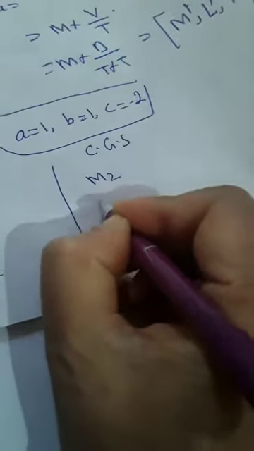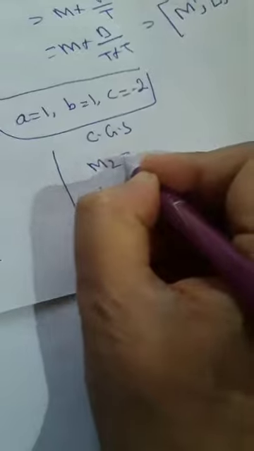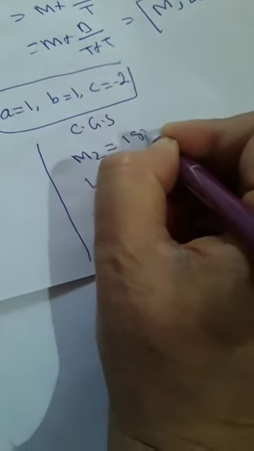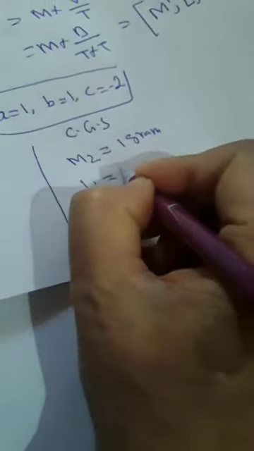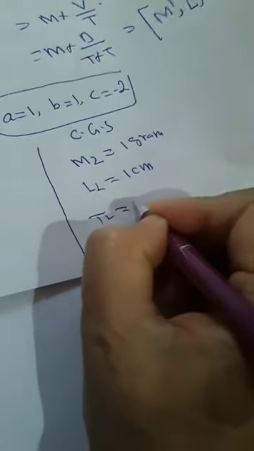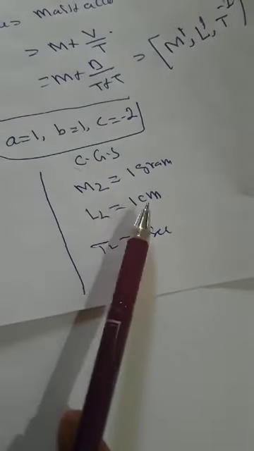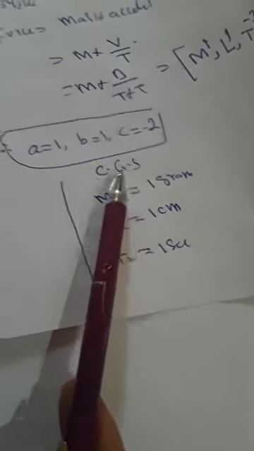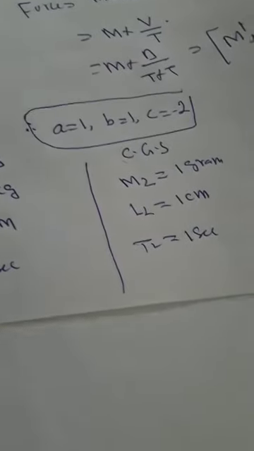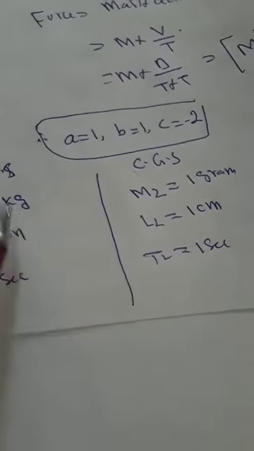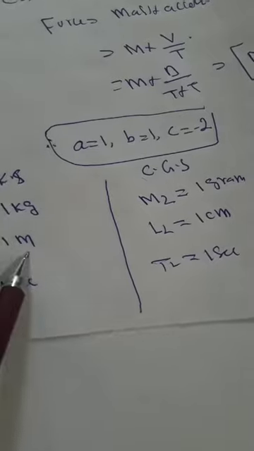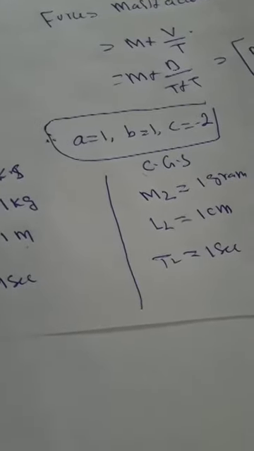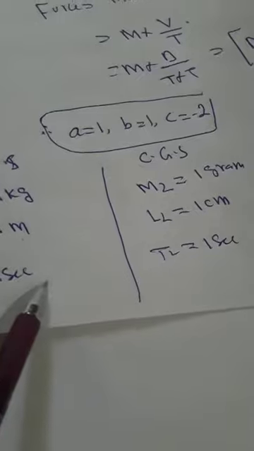M2, L2, T2: mass but in grams, L2 length in centimeters, 1 centimeter, time already in seconds, because in the CGS system length is measured in centimeters, mass in grams and time in seconds. In the MKS system mass is measured in kilograms, length in meters, and time in seconds.